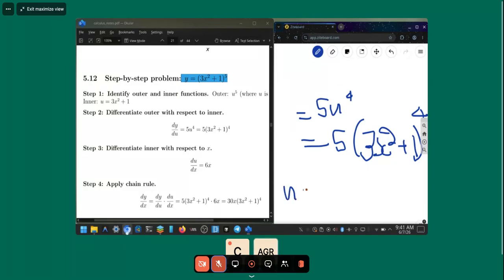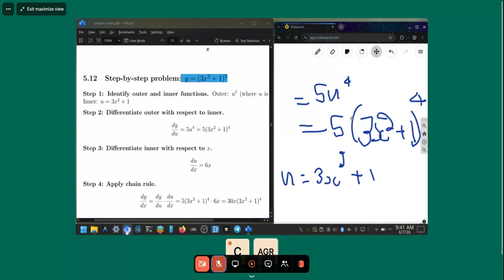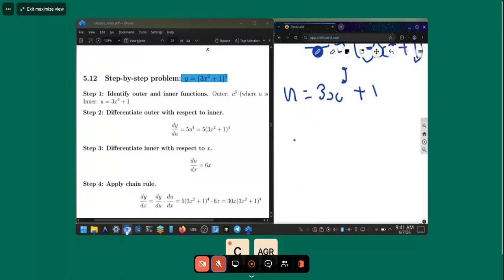Then differentiate the inner function with respect to x. This u is 3x square plus 1. Differentiate it. What will we get? du/dx. 3x square is 3 into 2 times x to the power of 1.